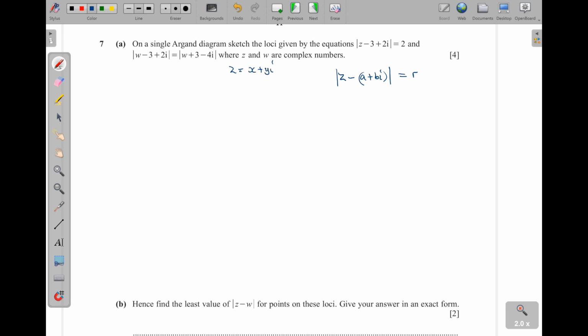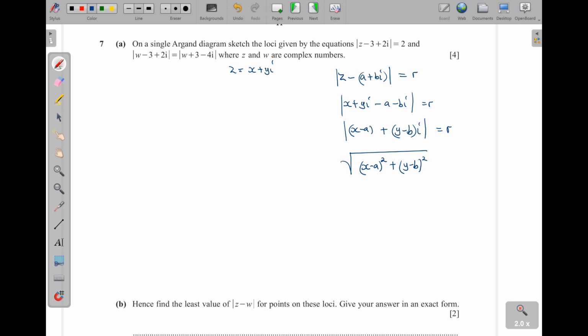It is a complex number, so we can have X plus YI, then minus A minus BI, which is equal to R. So separate the real from the imaginary, that is X minus A, then plus Y minus B, like that, I. And then, of course, modulus of a complex number, we are supposed to take the real part squared, then plus the imaginary part also squared, under the square root.